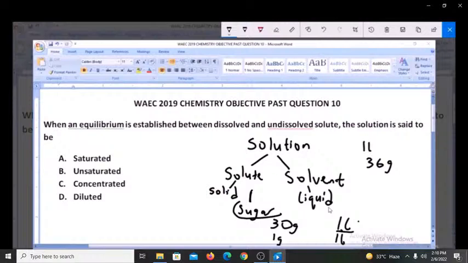It doesn't matter how much more solid you put into the solution, no more solute is going to dissolve. For this reason, an equilibrium has been established between dissolved and undissolved solute. So when an equilibrium is established between dissolved and undissolved solute, the solution will then be said to be saturated, which is A, and it's our answer.